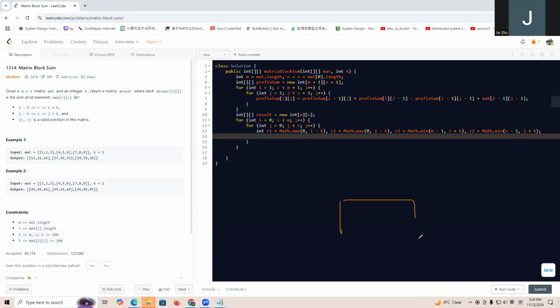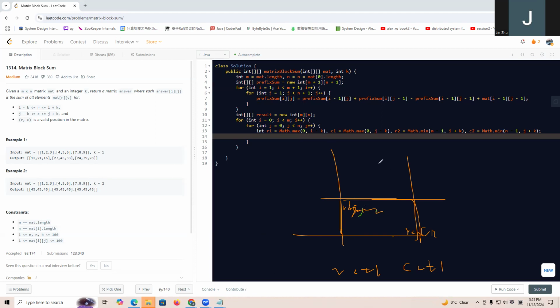Now how can we calculate those rectangle sums in O(1) operation? We have R2 C2, and this is R1 C1. So the formula is prefix sum R2 plus 1, C2 plus 1, minus... you see we want to get the area of the green part.